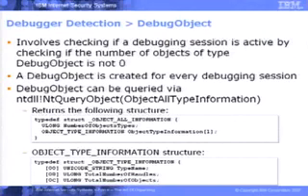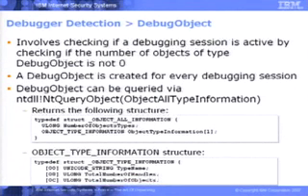This one I haven't seen a lot in packers, and it is just discussed in anti-reversing forums. It involves checking if a debugging session is active by checking the number of objects of type DebugObject, and whether it is not 0. A debug object is a kernel object created for every debugging session. It can be queried by NtQueryObject with information class equal to ObjectAllTypesInformation.